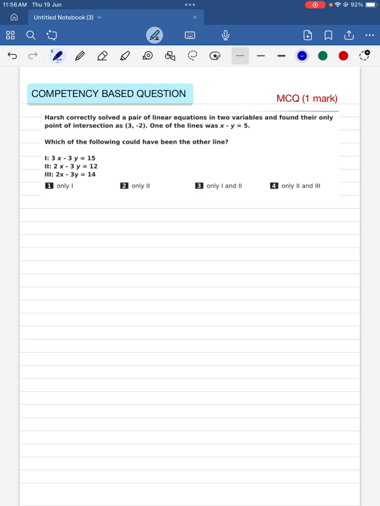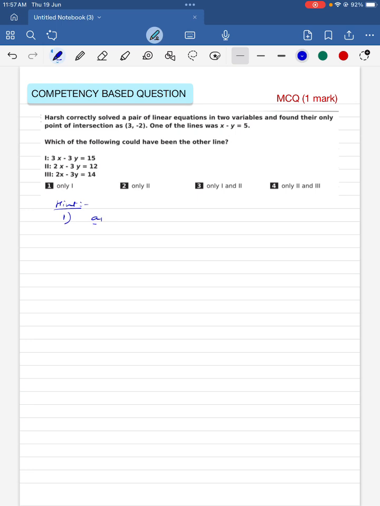Now, since there is only one point of intersection, we know that the line that we choose must be intersecting with the line that is given. That is, it should intersect with x minus y equal to 5, which means we have to check for two things. This is the hint that I'm giving you.